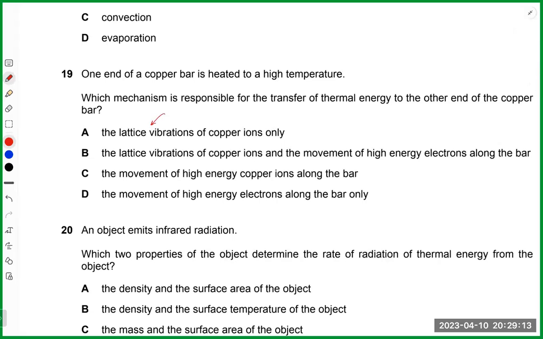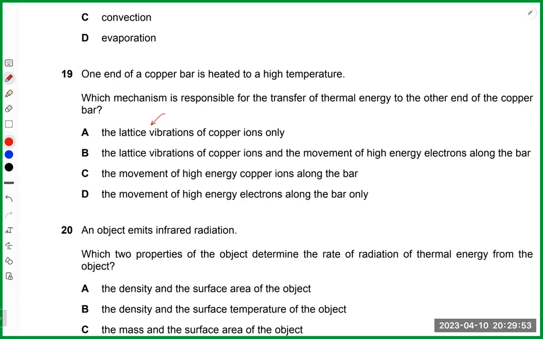Listen, lattice movement is the transfer of heat energy that happens in all metals and non-metal solids. Even in wood and plastic there is lattice movement. That is why you can feel that even wood transfers heat. You cannot say wood is totally heat resistant. It transfers heat at a very slow rate because the lattice movement is there even in wood. The only additional thing in metal is free electrons.